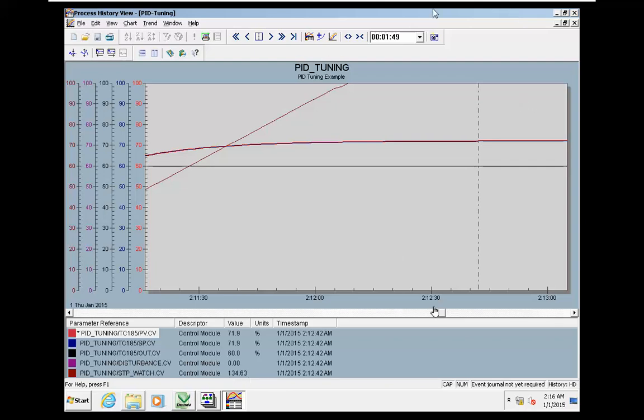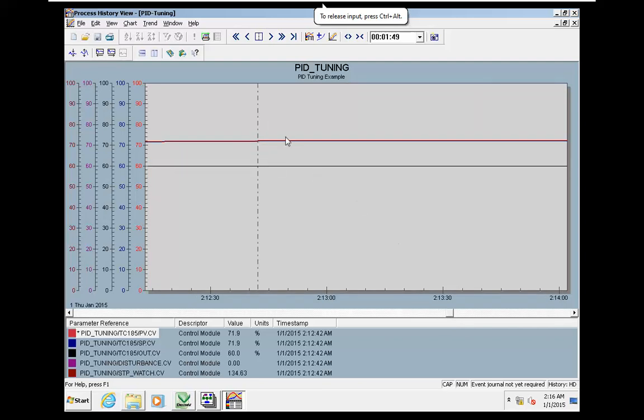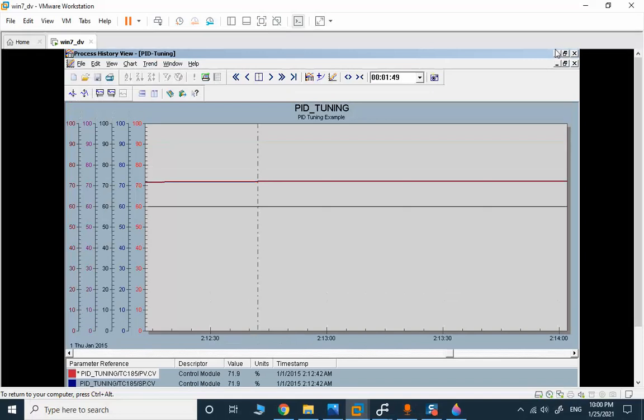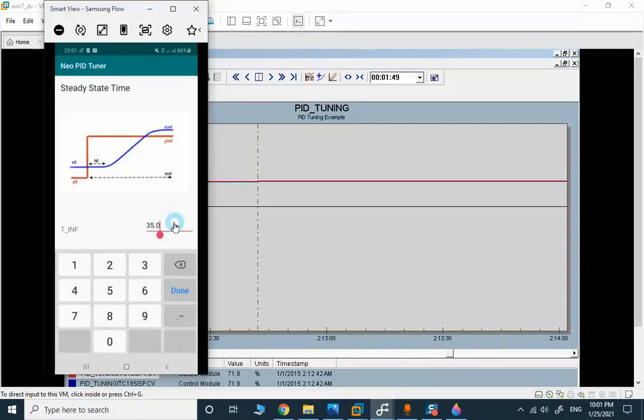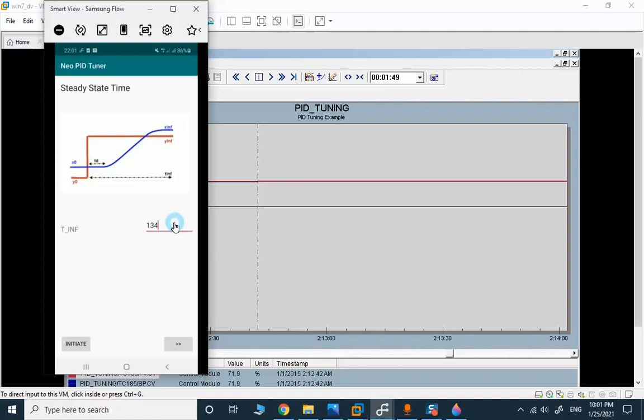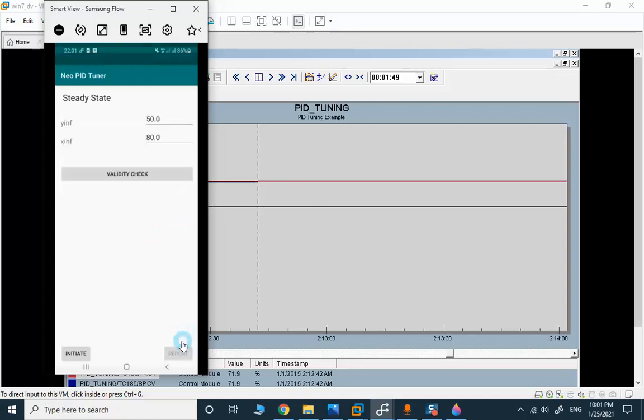So the biggest constant step here, 134 points. T infinity is 134. We go to the next.